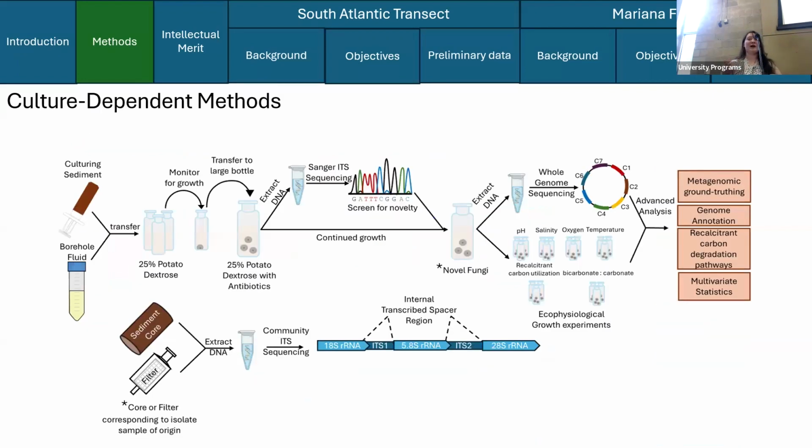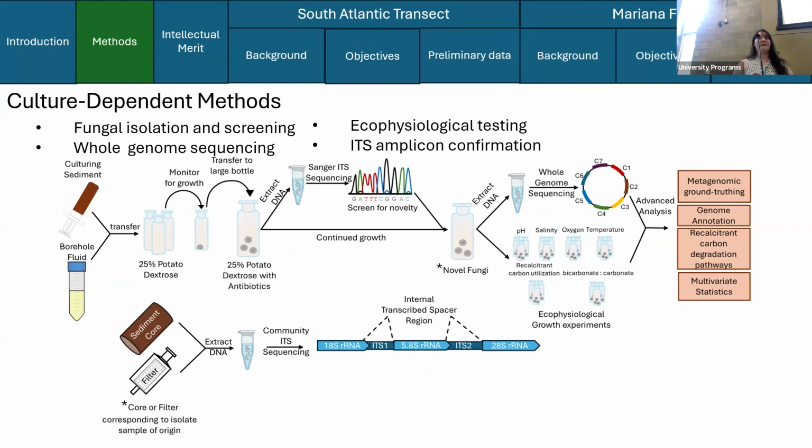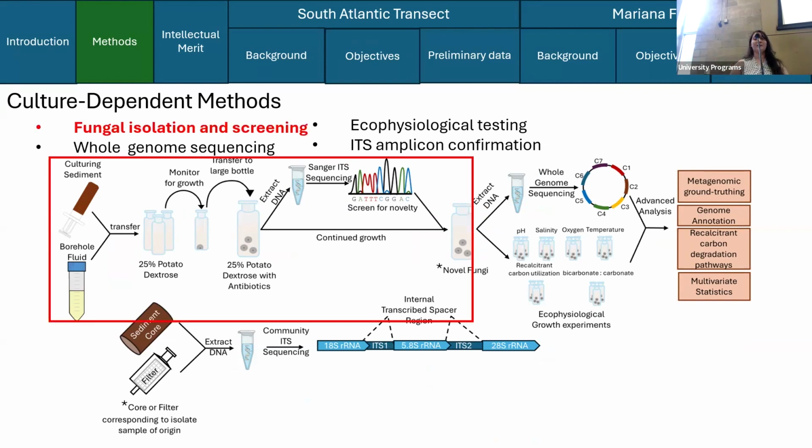And so going on to my culture dependent methods, I'm using this to look at fungal communities. We start off with either a sediment culture or sediment sample or a borehole fluid and inoculate that into media, in this case, 25% potato dextrose, and we monitor those for growth.